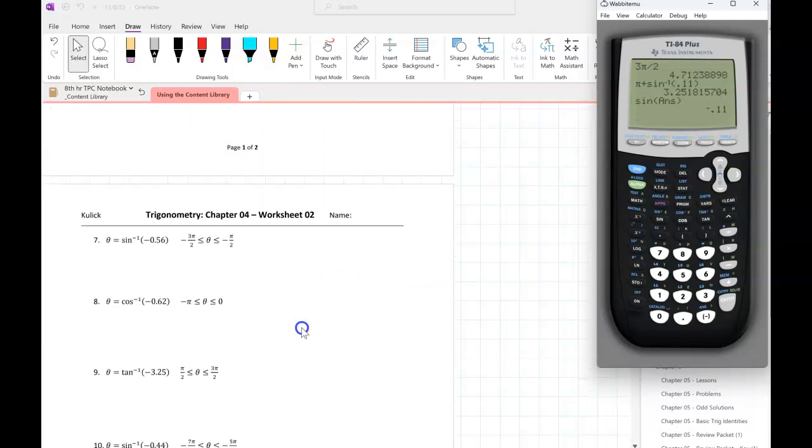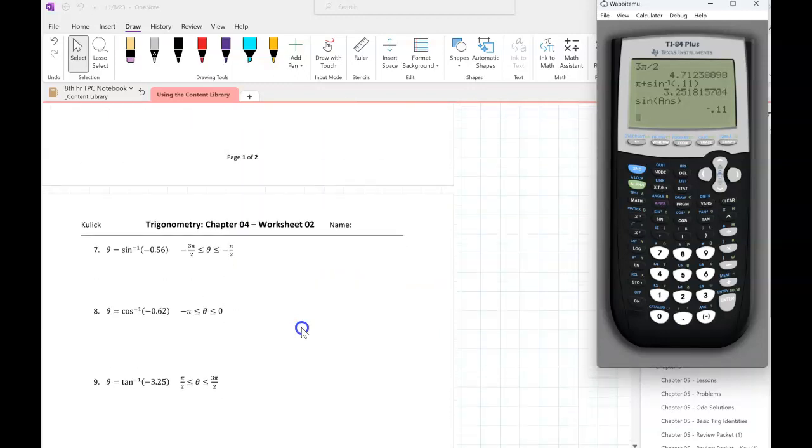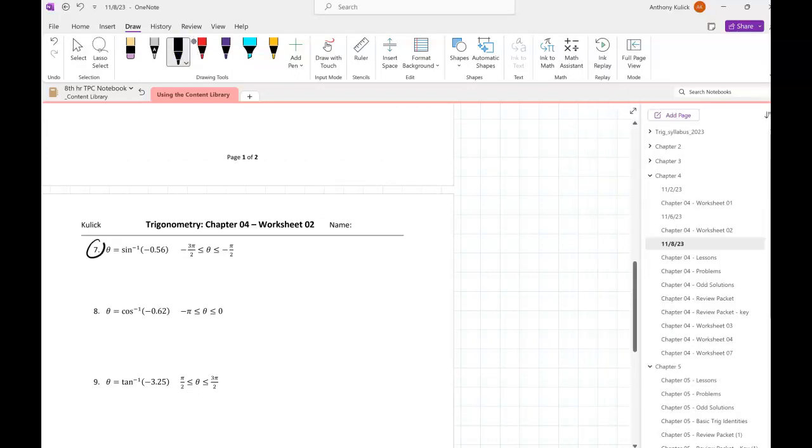I'm going to pick 7. What do we notice is different about 7? It's negative. The theta's got to be a negative number. So let's do this again.